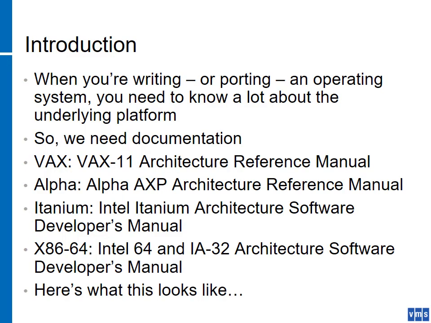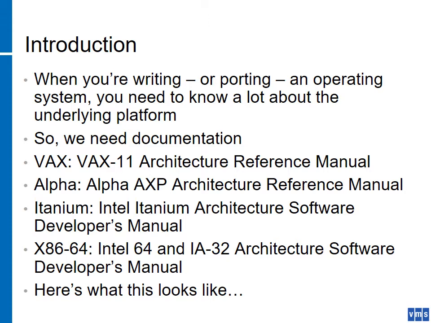When you're writing or porting an operating system, you need some documentation, something that specifies the architecture to the level that you need to be able to write something like an operating system for it. For the VAX, the very minimum you need is the VAX 11 architecture reference manual. I know it doesn't give you everything you need to know to implement an operating system for a particular model of VAX, but most of it's in there.